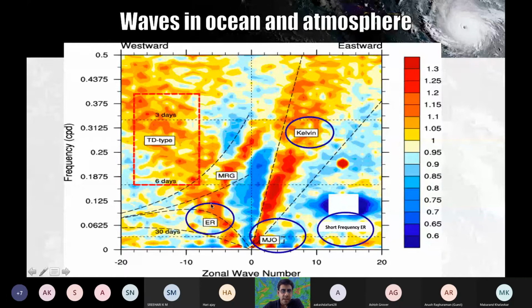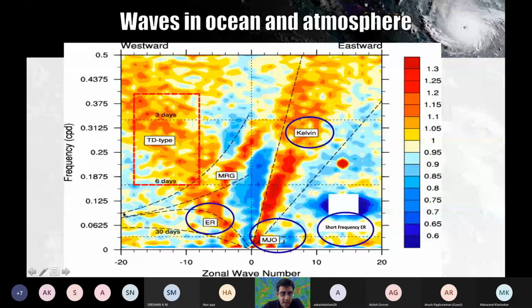And what it means when it is lower versus higher on the frequency chart, it means that equatorial Rossby wave is a low frequency wave, which means it will sustain itself for a very long period of time. So equatorial Rossby waves and MJO, if they enter a basin, they have the capability of staying in that basin for 15 days or 20 days at a time.